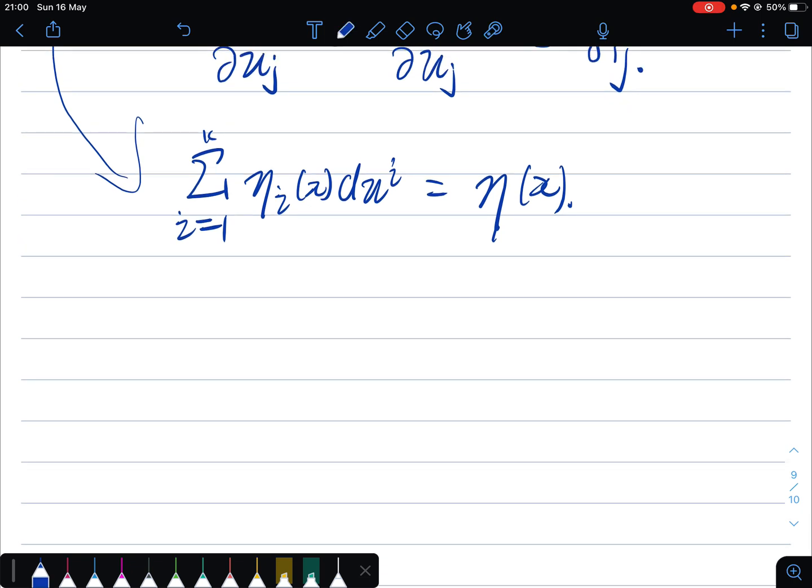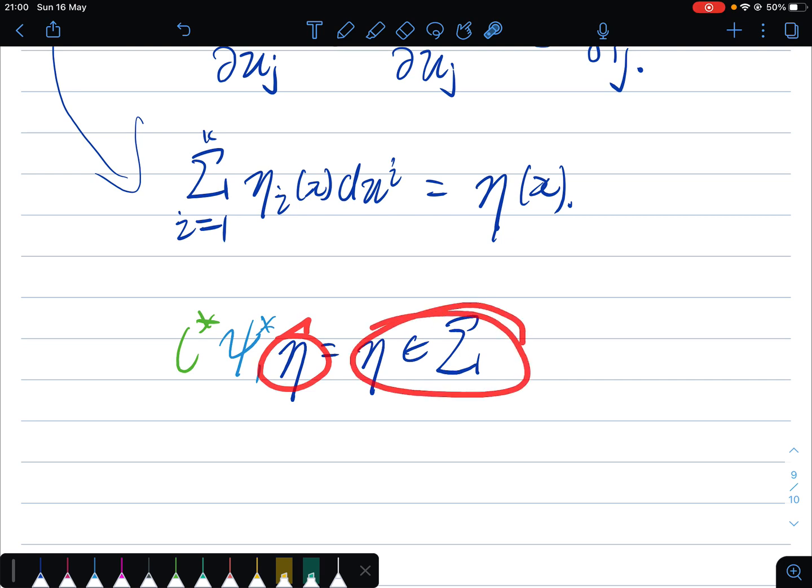So in other words, under those mappings, the composition of the two pullback maps, the eta is still inside sigma.